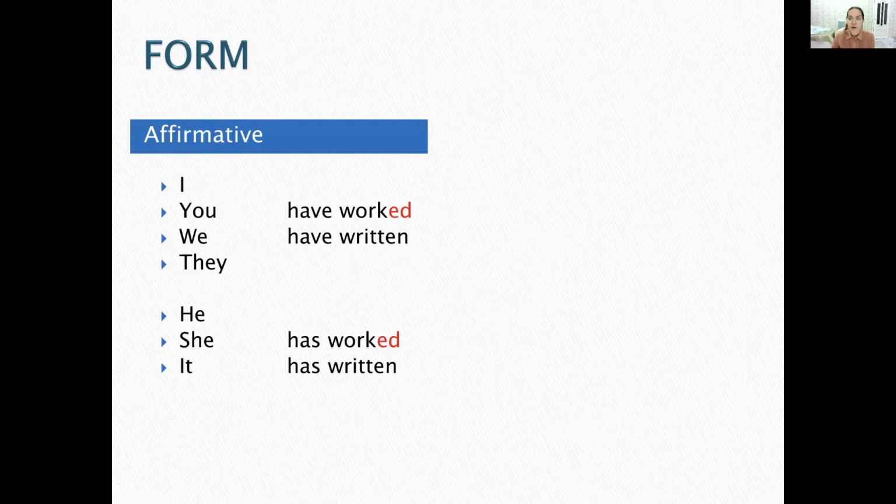Or if we have an irregular verb, we use the third form of this verb, or past participle. For example, write, wrote, written. So this third form is written, yeah? We have written, it has written, okay?